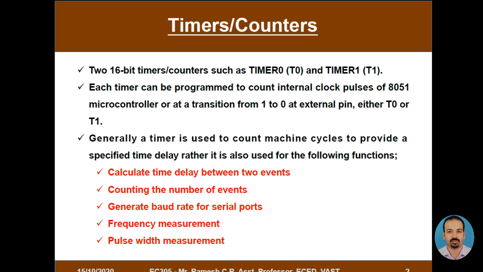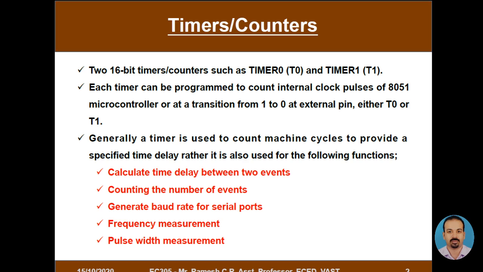T0 and T1 are the names of those pins, and depending upon the transition between logic 0 and 1 on these pins, we can program the timer to count from the initial value. So there are two options: either you can use the internal clock pulse, or you can use the signals, that is the transitions between the logic levels that occur at the external pins, T0 and T1, designated on the 8051 microcontroller chip.